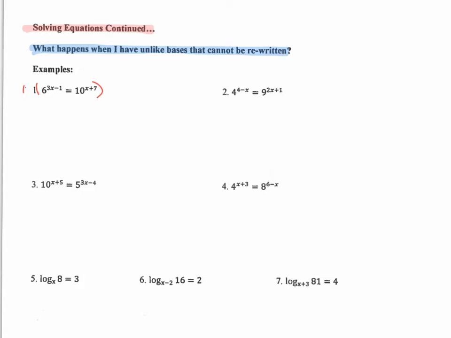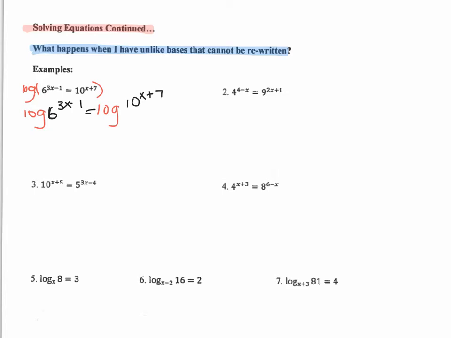So then the base is 10. So this will say log base 10 of 6 to the 3x minus 1, and that equals log base 10 of 10 to the x plus 7.